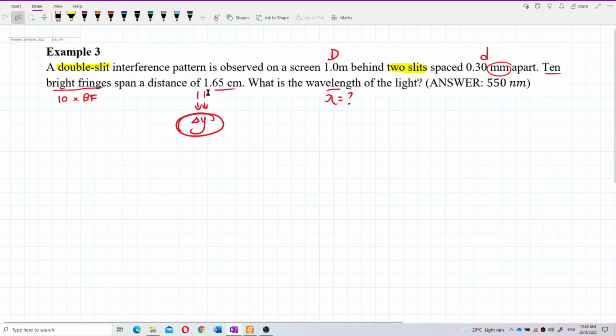We must know this 1.65 cm spans a distance of 10 bright fringes. So we need to check out. Let me draw it out for you first.